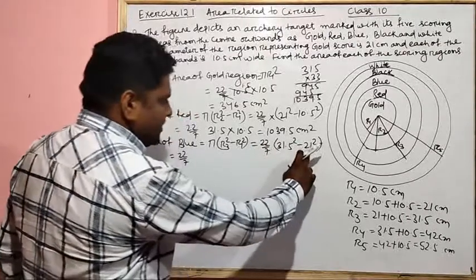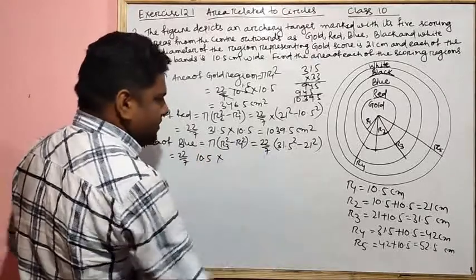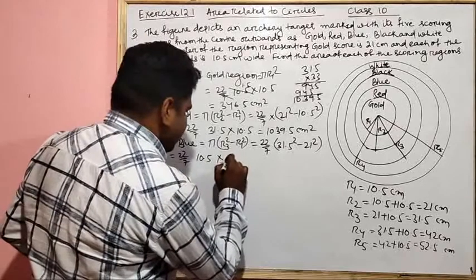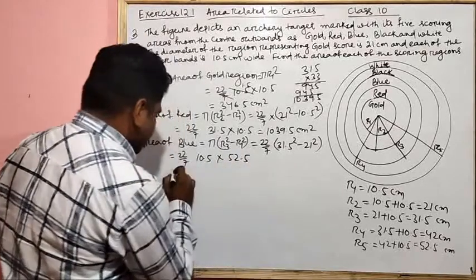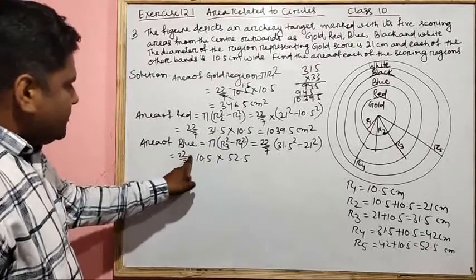31.5 minus 21 will be 10.5, and 31.5 plus 21 will be 52.5. So cancelling these two, it will be 1.5 into 22, which is 33.